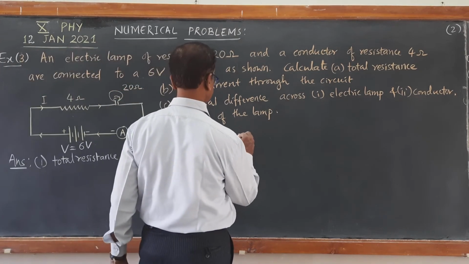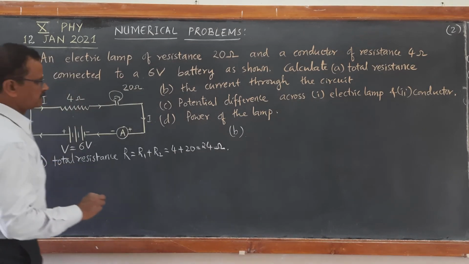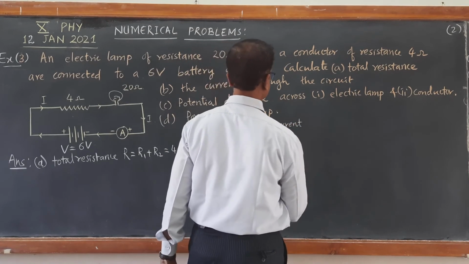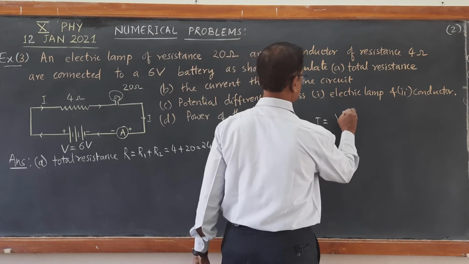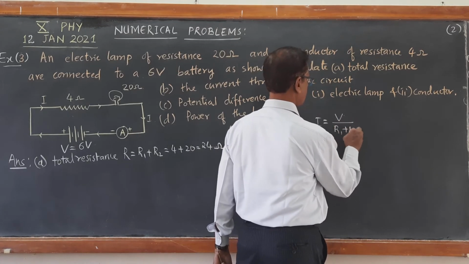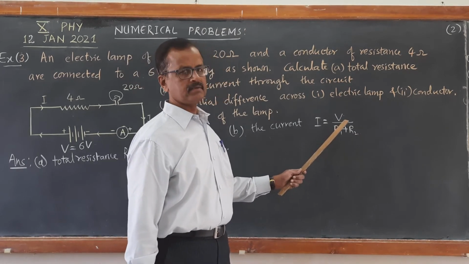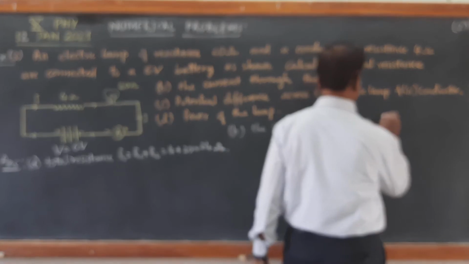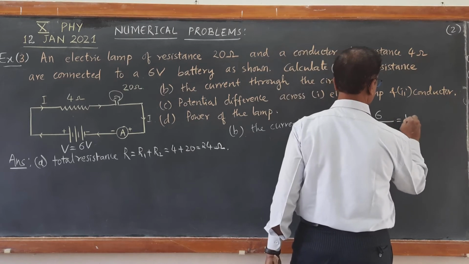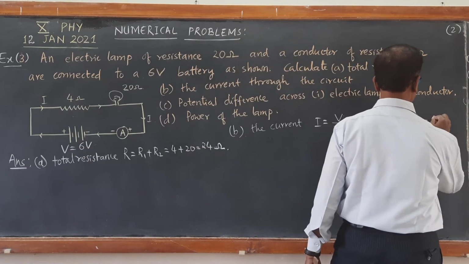I is equal to the total potential difference provided by the battery divided by total resistance using Ohm's law. Total resistance is R1 plus R2. So total voltage is the voltage provided by the battery. So it becomes very simple, 6 volt divided by 24. So it becomes 1 by 4 amps. 1 by 4 amp is equal to 0.25 ampere.